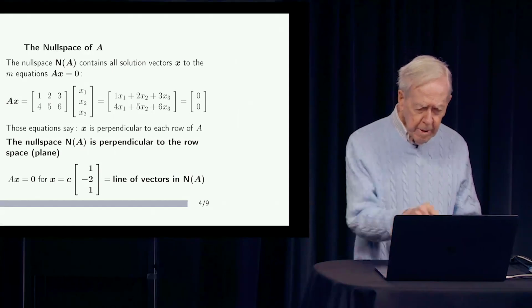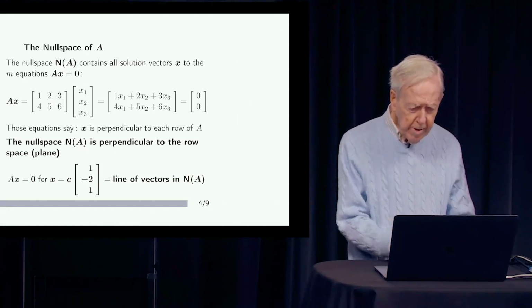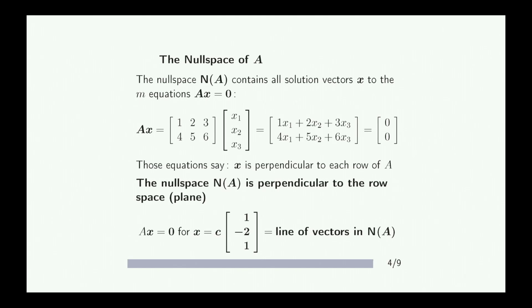And the bottom line of this slide gives the answer. If I take 1 of the first column, minus 2 of the second, plus 1 of the third, I get 0. And that means I've found something in the null space. Do you see that, going back to the matrix?